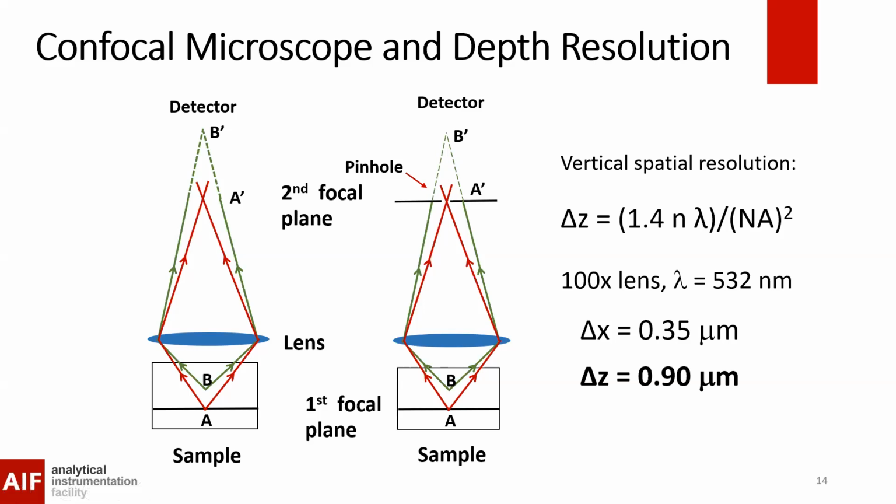That way, you can only focus on one point at a certain depth, and you can get a pretty good depth resolution. This vertical spatial resolution is also determined by lambda, the laser wavelength, and the numerical aperture, the same as lateral spatial resolution. The lower the lambda and the higher the numerical aperture, the better the vertical spatial resolution.